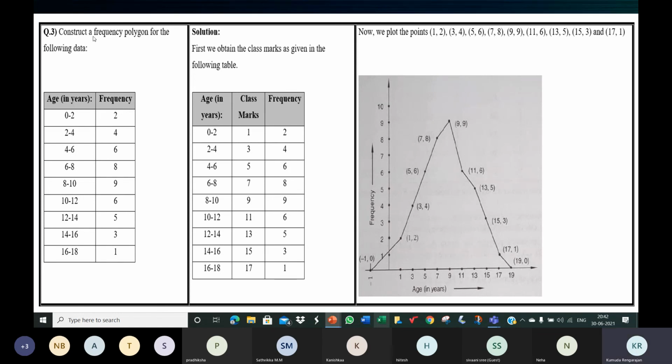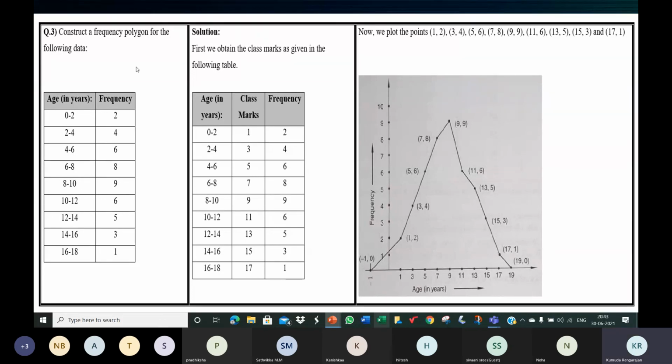Here, construct a frequency polygon for the following data. It's just construct a frequency polygon, with no mention of with or without the help of a histogram. So you can choose to make only the frequency polygon without the histogram. How do we do this?